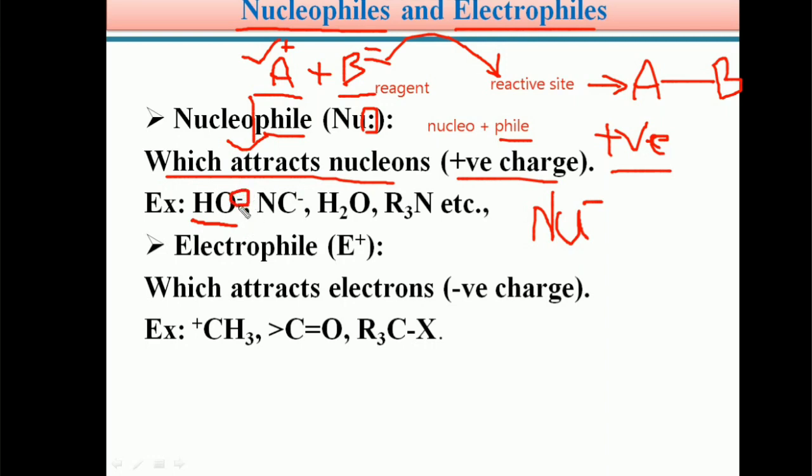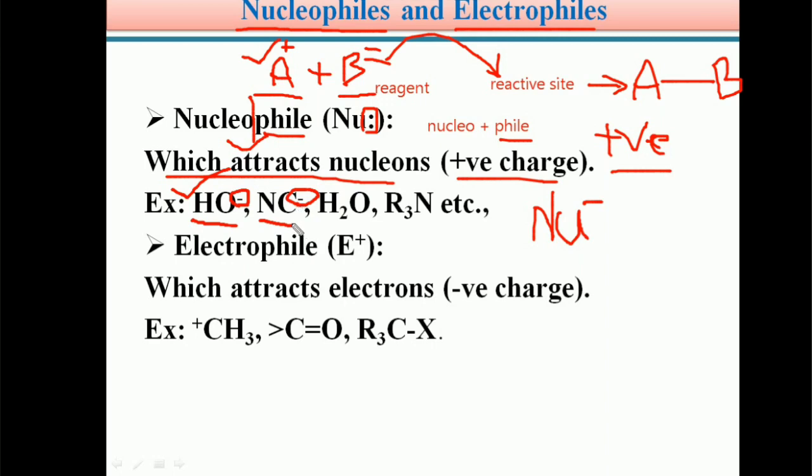This negatively charged OH acts as a nucleophile, because it readily attracts the positive charge. Similarly, another example of a nucleophile is CN minus, the cyanide anion. It also has a negative charge, so it is readily attracted by positively charged species.